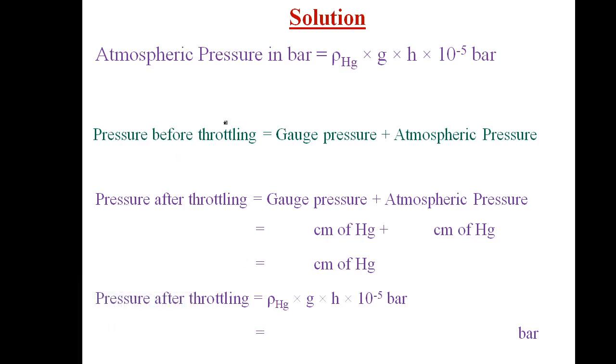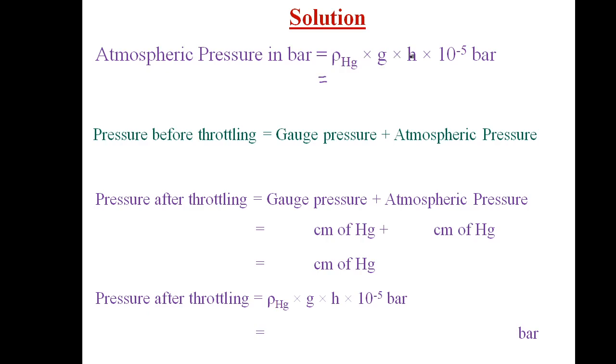Atmospheric pressure is given in centimeters of Hg. So here we have to convert this atmospheric pressure into bar. The formula for converting atmospheric pressure into bar is rho gh.